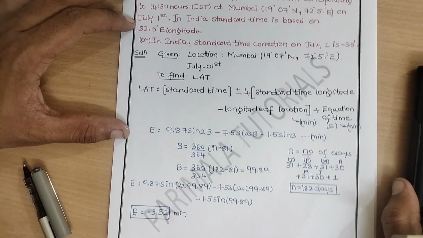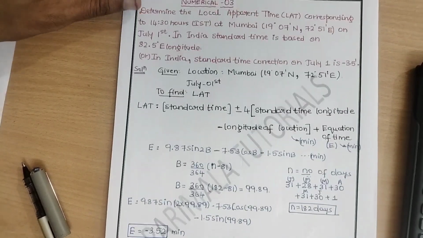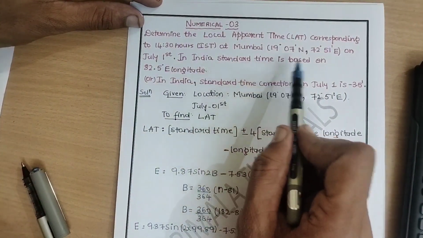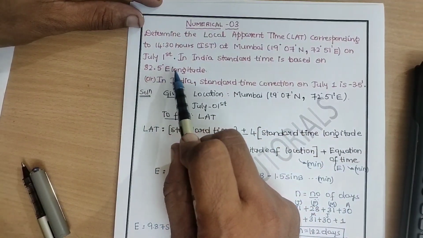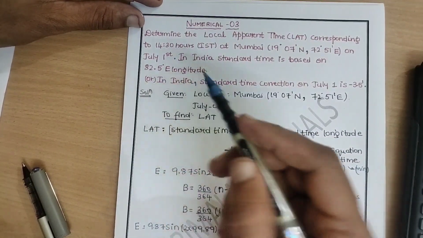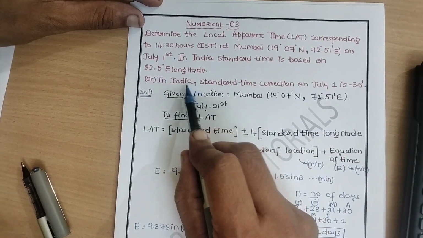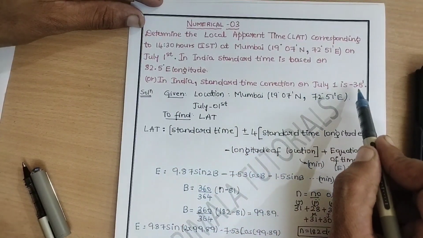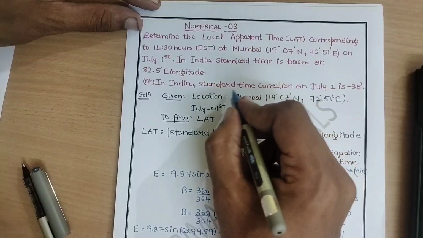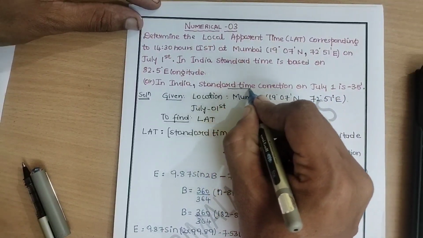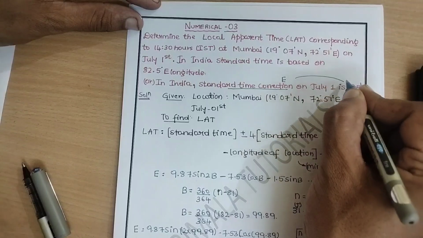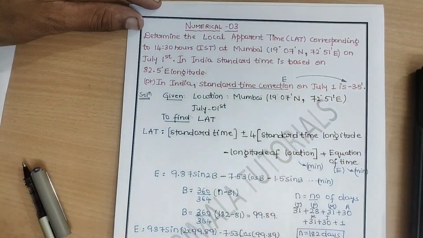Now, please come back to the question, my dear students. What is given in the problem? In India, the standard time is based on 82.5 degrees east longitude, or one more data is given: in India, the standard time correction on July 1st is minus 3.5. The standard time correction is nothing but the value of E, directly given as minus 3.5.